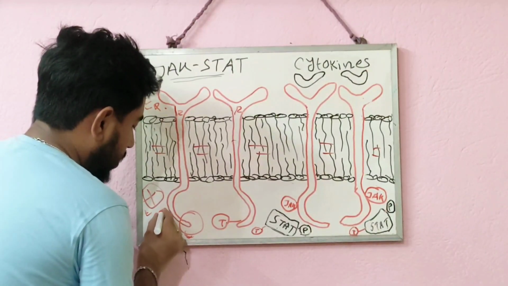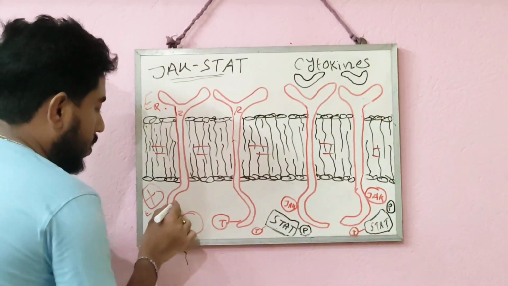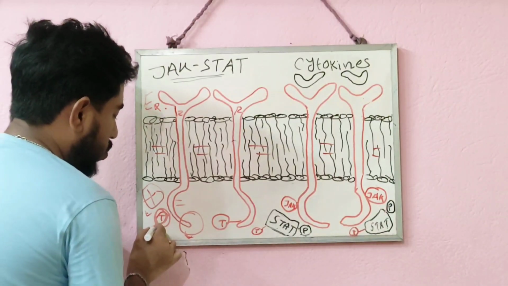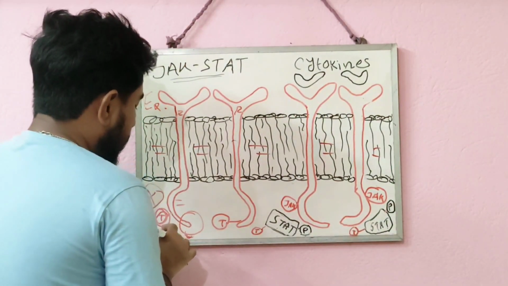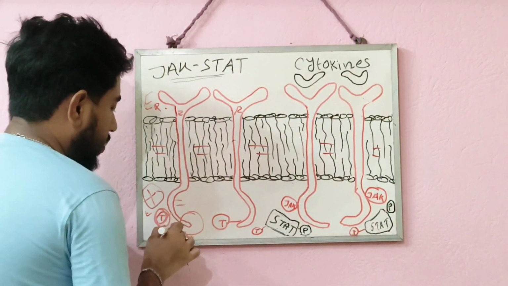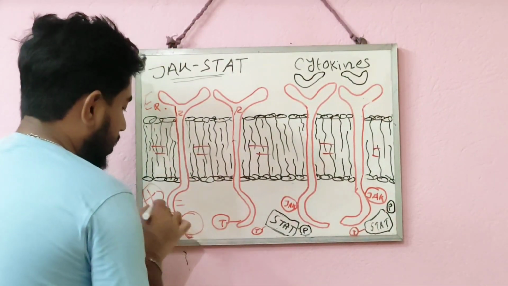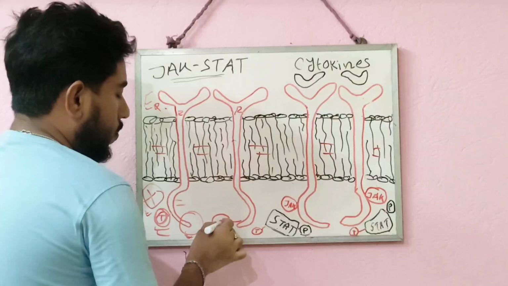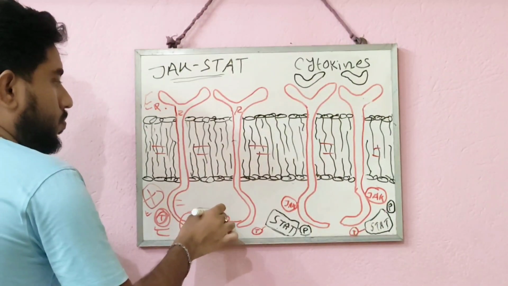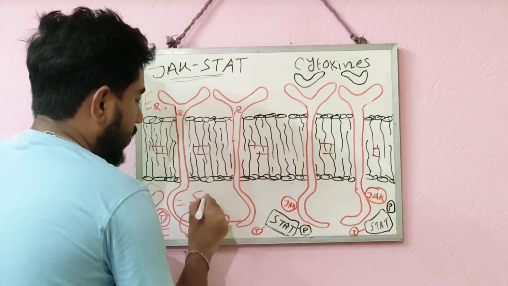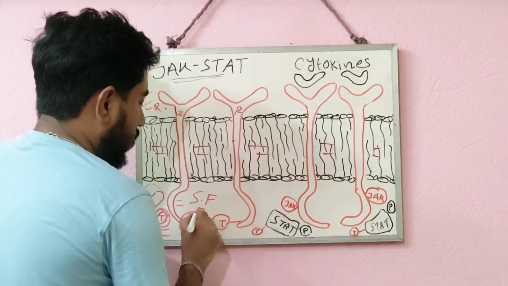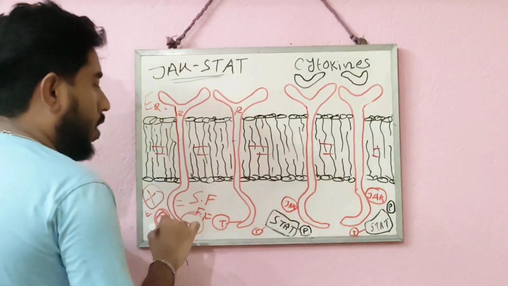The same thing is here in the Jak-Stat receptor. The most common enzyme that links to the enzyme binding domain is tyrosine. So here also tyrosine is bound with the Jak-Stat receptor when it is in its steady or free form, or when it is not working.